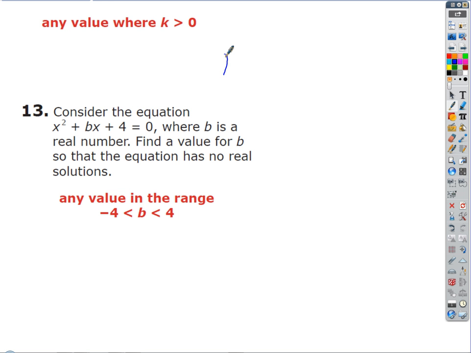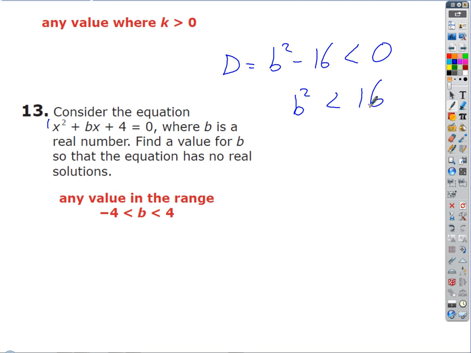So the discriminant D would just equal B squared minus 4 times 1 times 4. We're trying to find values that make no real solutions, so it would have to be less than 0. So then we'd get B squared is less than 16.